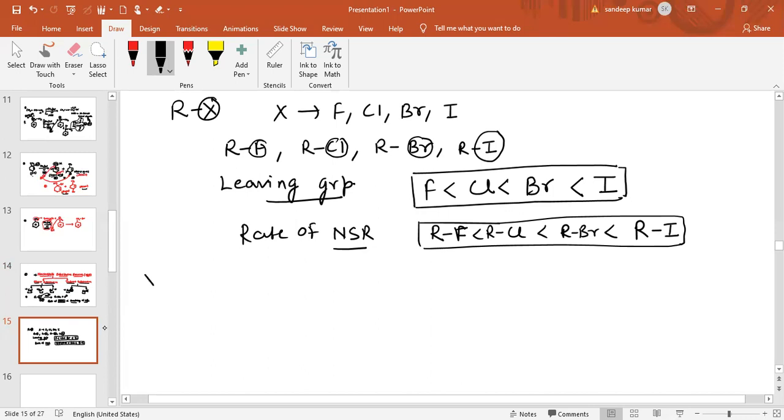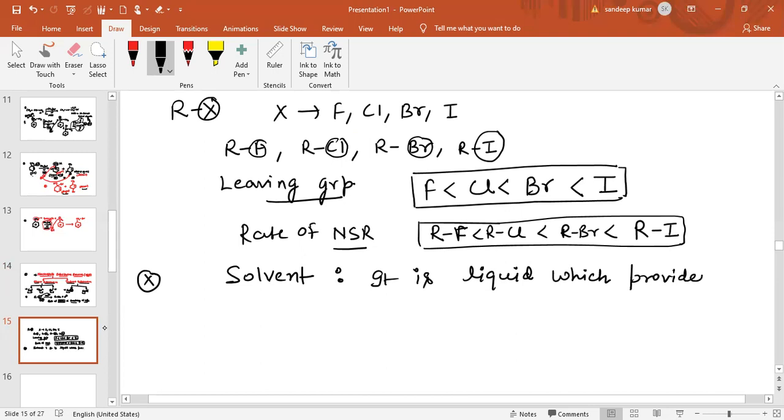Before discussing the nucleophile, I will discuss some solvents, because solvent will be used in nucleophilic substitution reaction. So what is a solvent? Basically, a solvent is a liquid which provides the medium for the reaction.